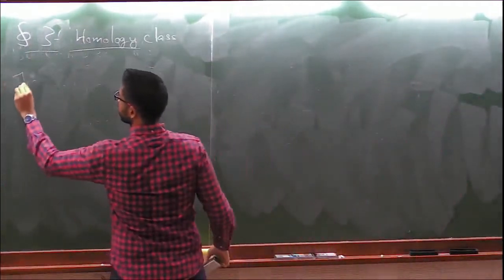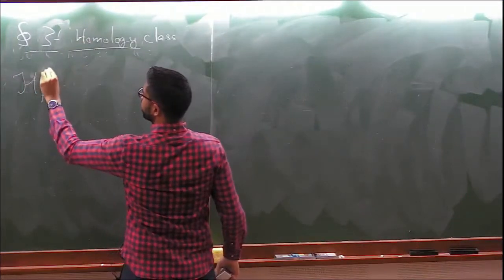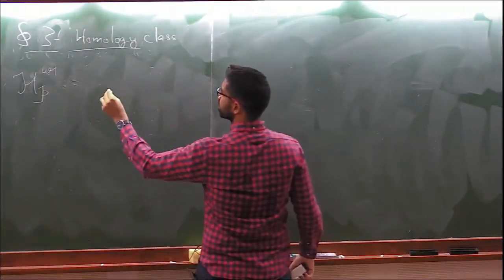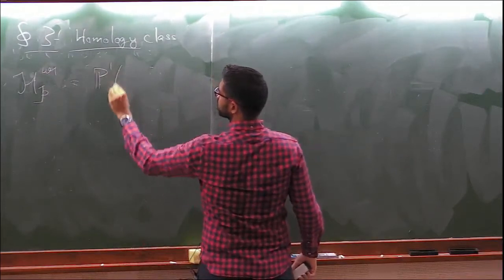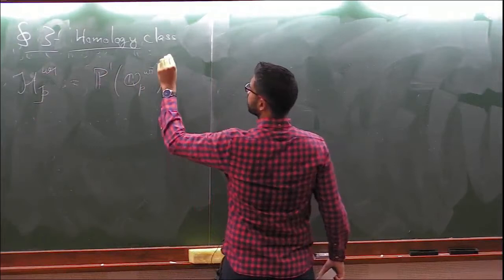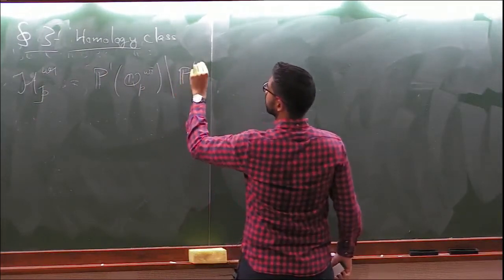Right, okay, so let me call by HP unramified. This will be some kind of Drinfeld unramified upper half plane. So this is P1 of QP unramified, and then I throw away the points at FP.